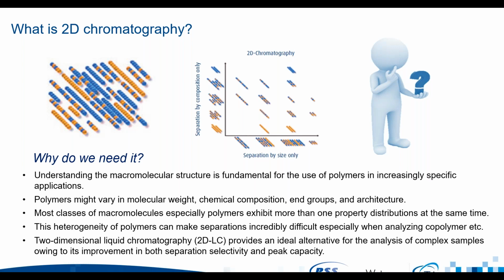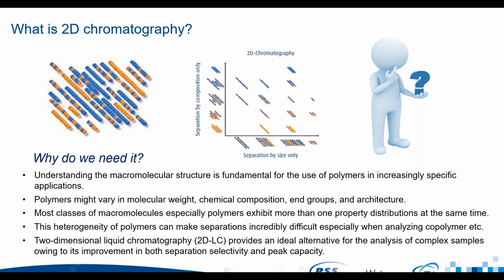So by means of an introduction to 2D chromatography, and this will be explained in greater detail by my colleagues later on, 2D chromatography essentially combines two independent separation techniques into a single analysis.